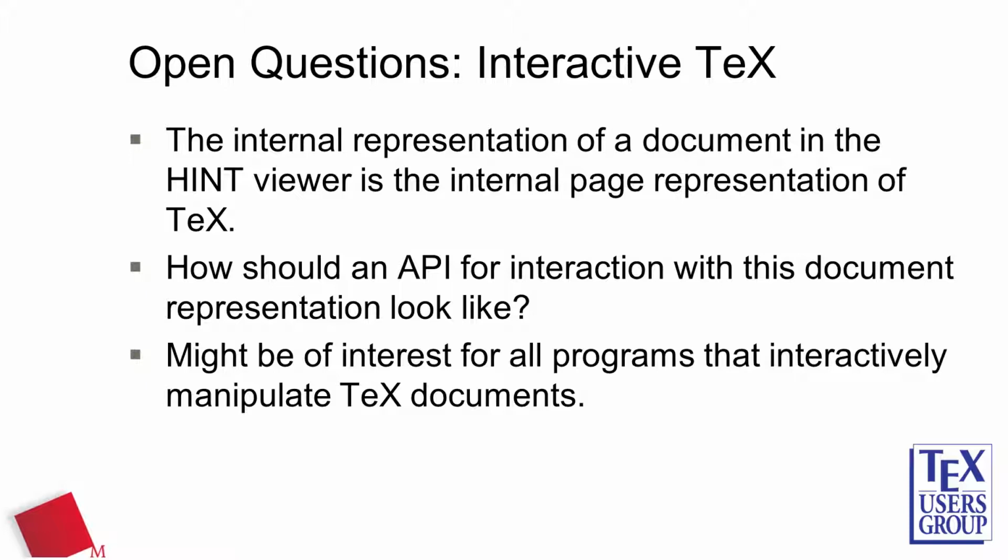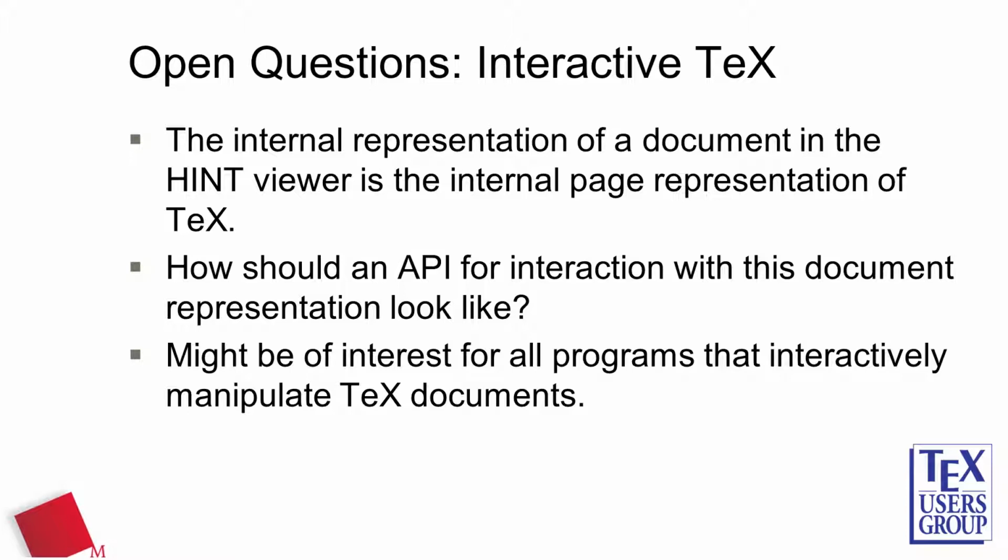When the hint viewer displays a page, the viewer's backend maintains a data structure that is simply TeX's representation of the page as a nested list of nodes. Now, the viewer needs to extract information from that representation, or it wants to manipulate it. The user wants to click on a picture to enlarge it, or click on a link to navigate to the corresponding location.